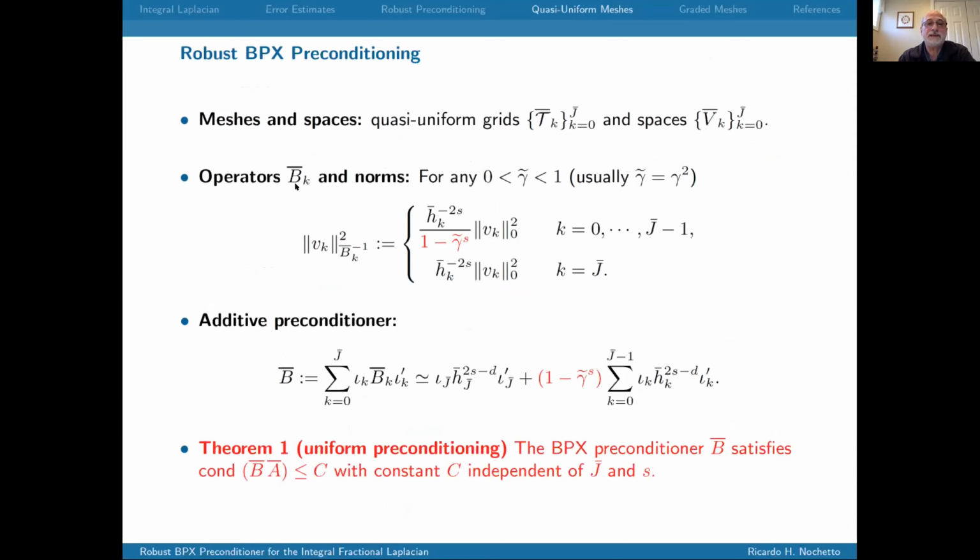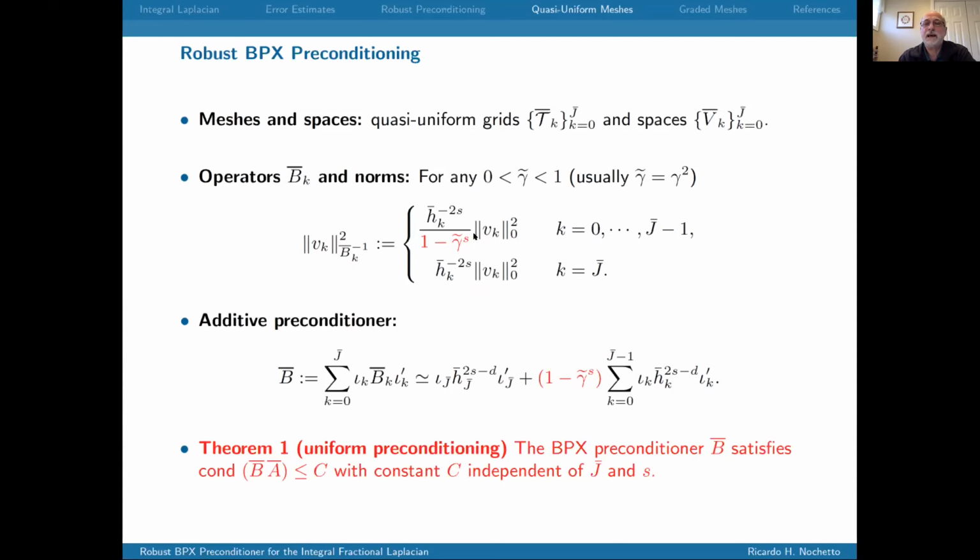The BKs bar are these scaling operators. So they correspond to taking the L2 norm and scaling it. This is what you would expect for the BPX, except that there is this scaling here that is associated with the coarser scales, and is to make this uniform in S.